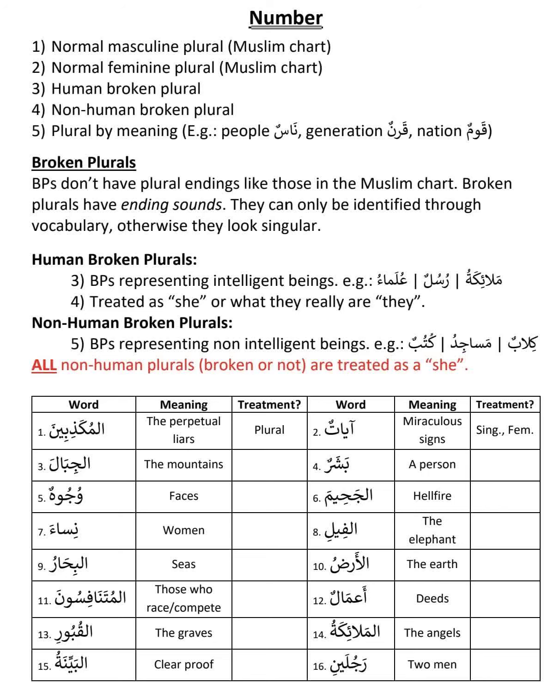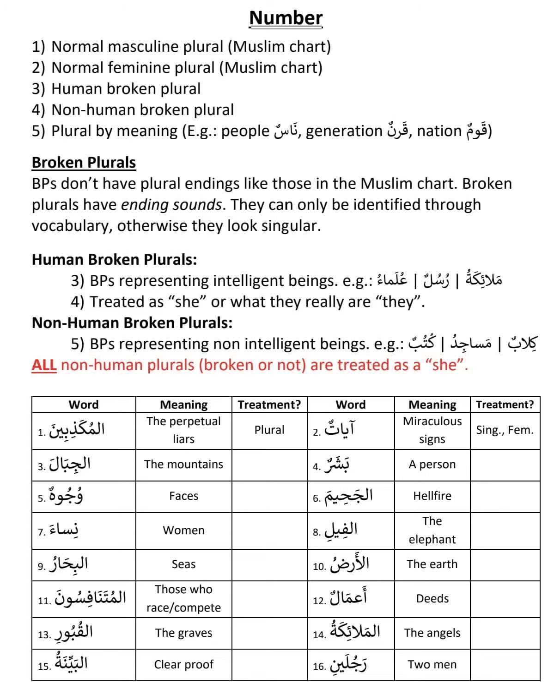Actually, nasun, insan can be considered as a singular, but it's not the same pattern anyway. So when it comes to broken plural, what you have to remember is that you need to know the meaning to say whether it is plural or not.